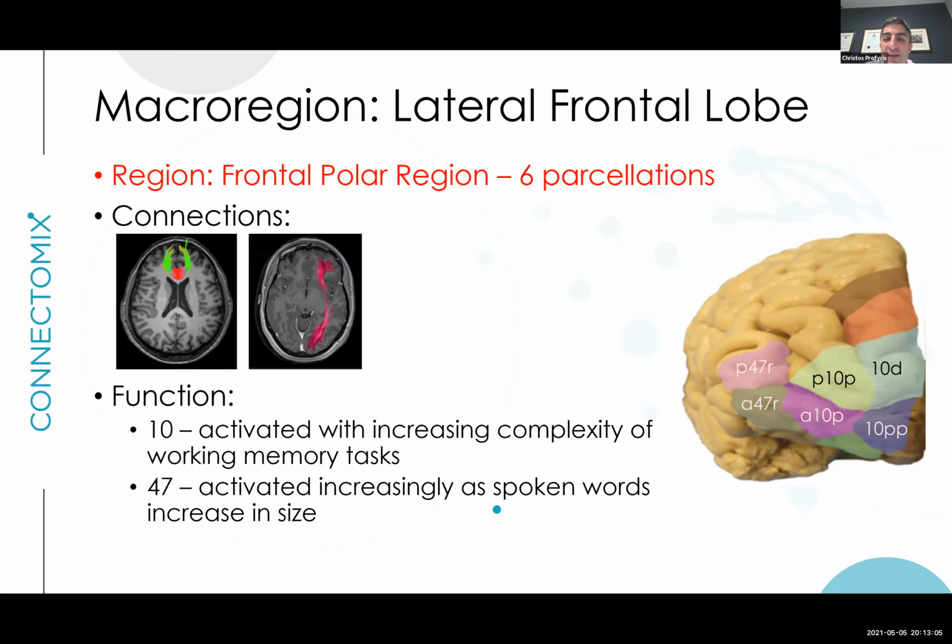So the more complicated something is that we're working on, the more active these areas are. The a47r and the p47r increase with the complexity of the words that we're using. So the longer the words we use in a sentence, the more active this area of the brain is.